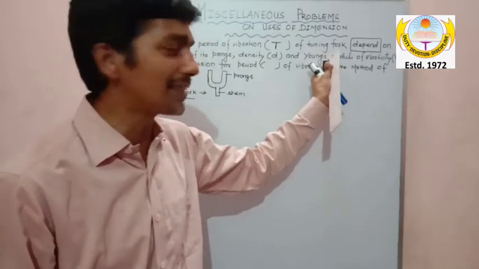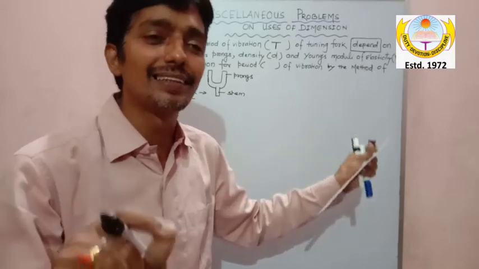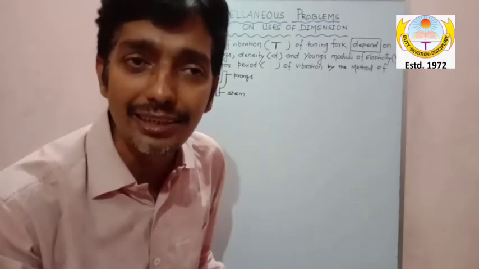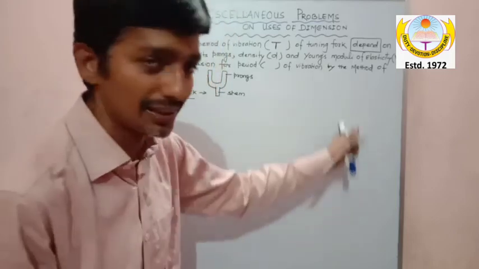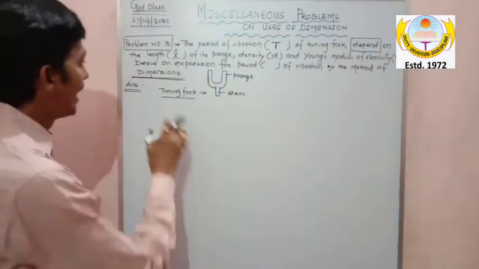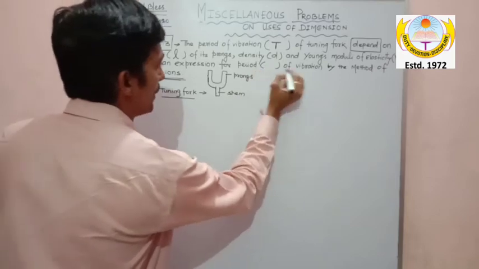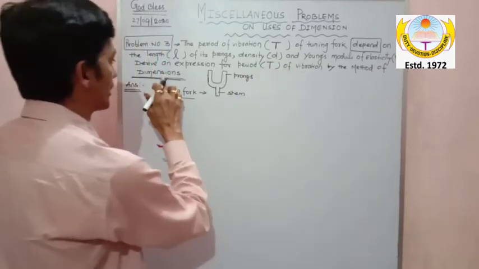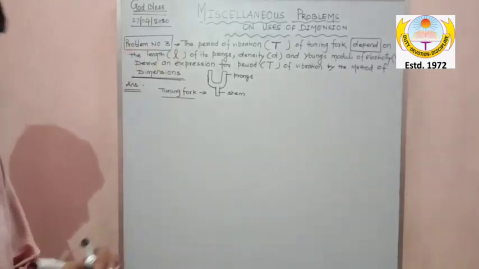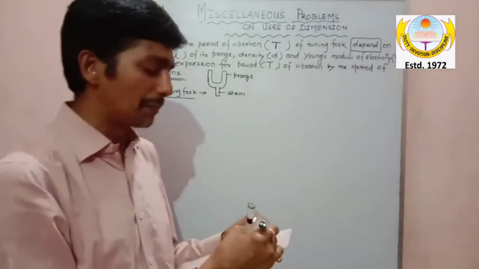So it will have the same dimension as that of an elasticity constant, that is stress upon strain. I will discuss all that. Am I clear? And derive an expression for the period of vibration, that is capital T, by the method of dimensions. This is the question, and you all understood by looking at my numerical, my dear.